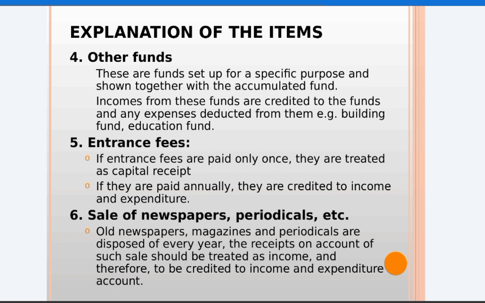Then the fourth item is on other funds, like the education fund, the building fund, and so on. These other funds are normally formed for specific purposes, so you will treat them together with the accumulated fund.